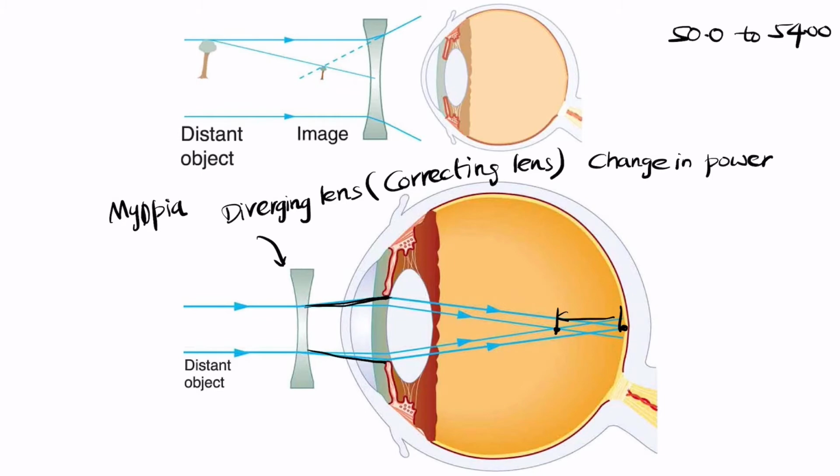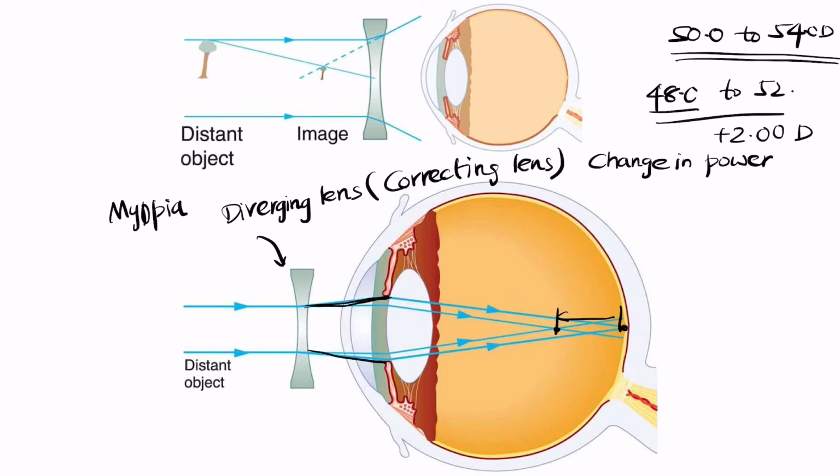If you have a longer or shorter eye, or any defects, this will change. For example, a person with a lens power of 48 to 52 needs a lens which can adjust plus 2D, meaning that both values have to increase by plus 2.